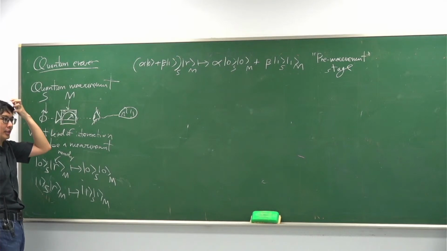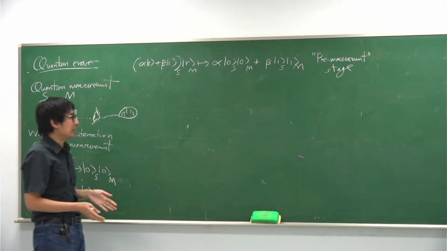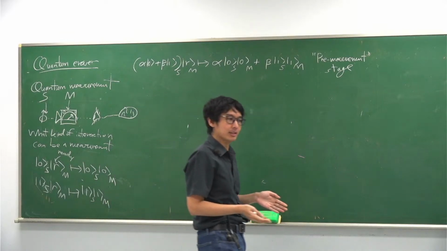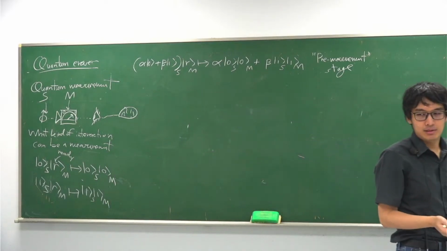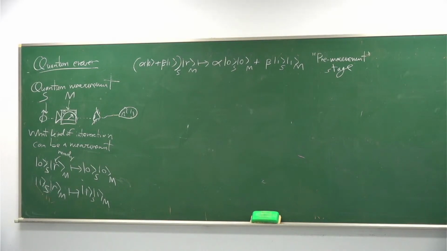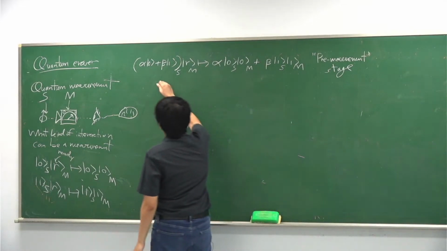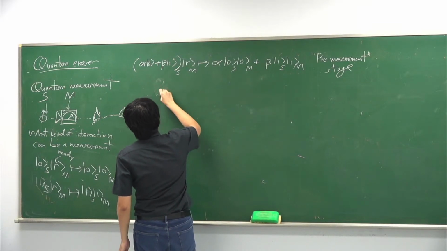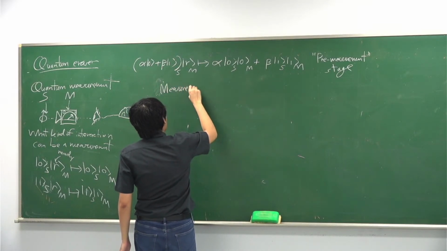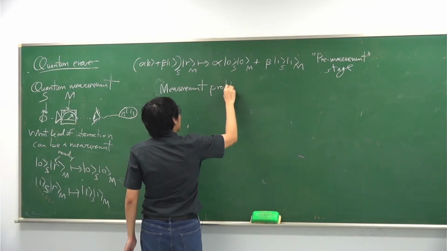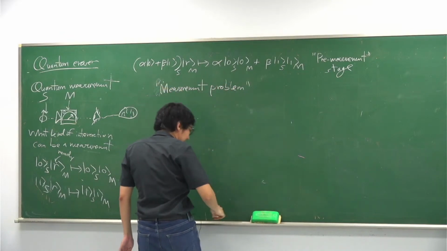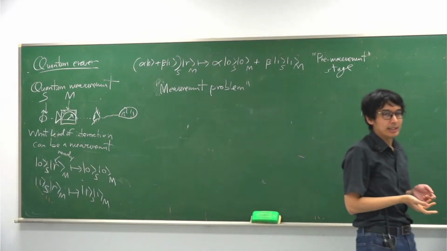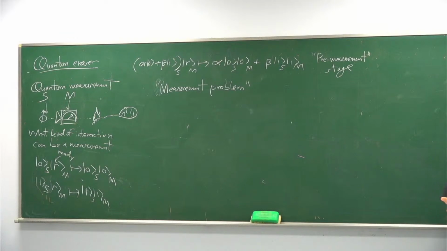This sparked a pretty extensive debate in quantum foundations, which is: where does the measurement come from? In quantum mechanics, we always learn that there are two kinds of evolution. One is when we don't look at the system, and the system evolves by the Schrodinger equation. The second is when we make a measurement.